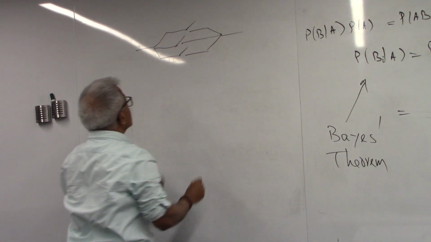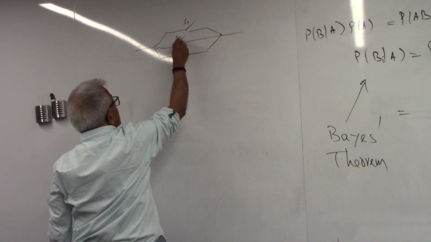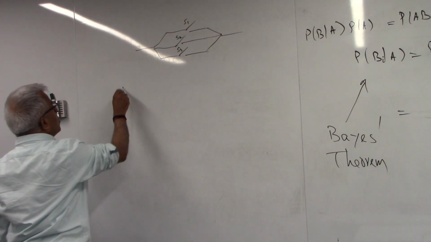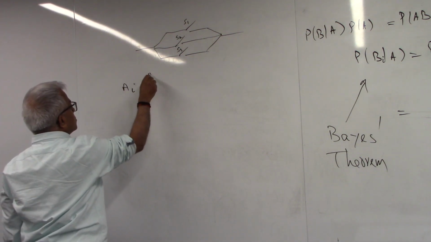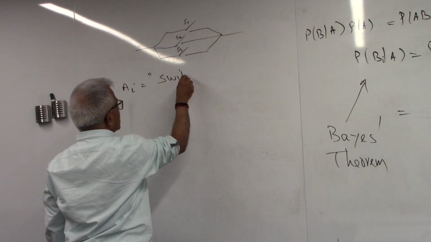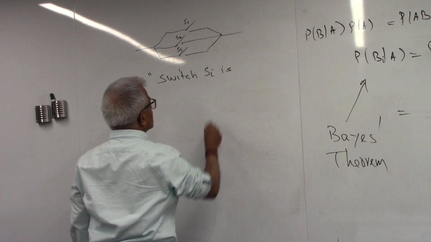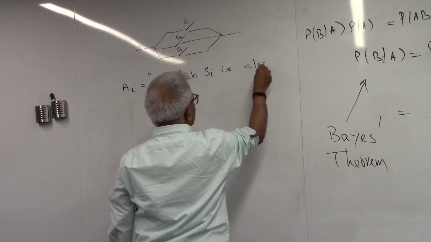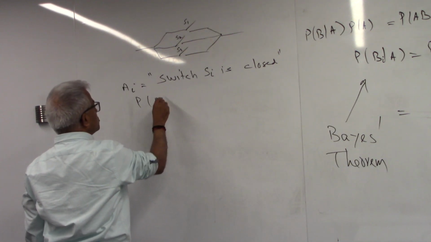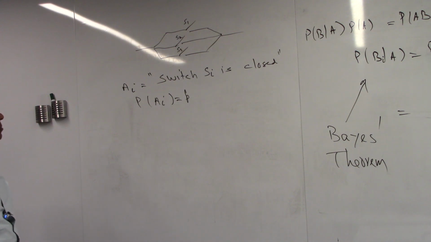The switches are S1, S2, S3, identical switches, and they close or open with a certain probability. Let's say Ai represents the event that switch Si is closed. Then I'm going to define the probability of the switch being closed as P. I can call it Pi, but let us make it simple.